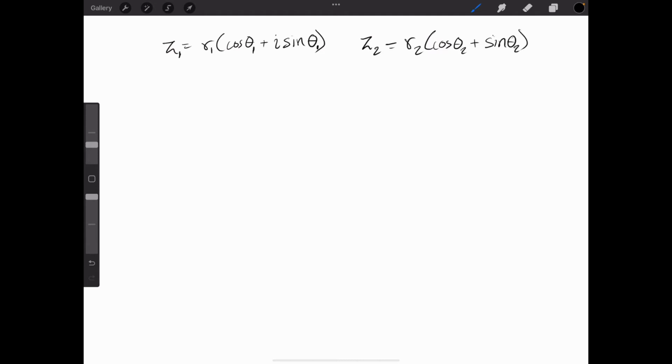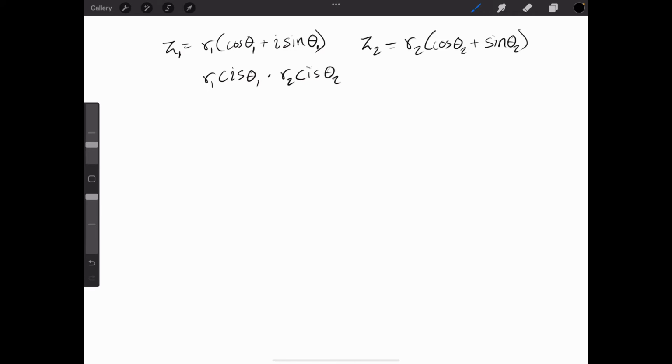So if we were to multiply these, I'm going to write this as r cis because that's easier. R1 cis theta 1 multiplied by R2 cis theta 2.